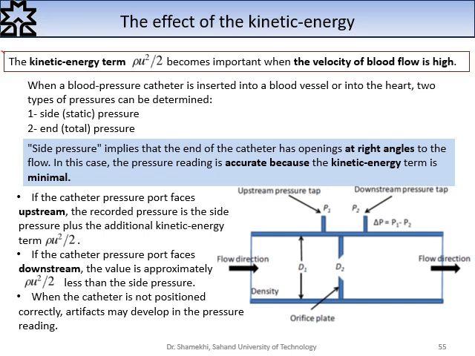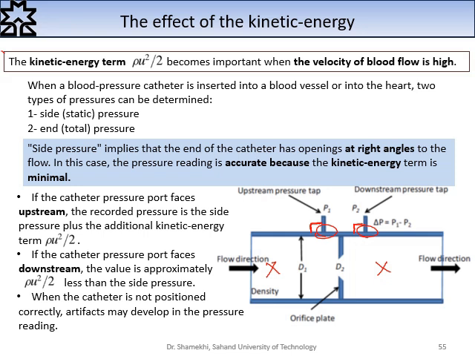When a blood pressure catheter is inserted into a blood vessel or into the heart, two types of pressure can be determined: side or static pressure, as you know, we measure the static pressure in this location, in the vertical direction, as you can see, and end or total pressure. End or total pressure can be recorded here for two sides of this orifice.